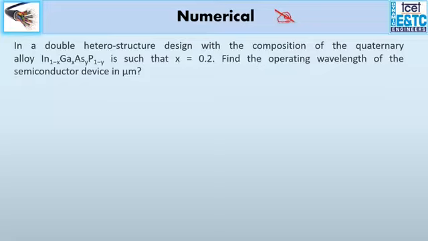So what we know is x by y is fixed, right? It's 0.45. Now x is given to be 0.2. What is y? Tell me.